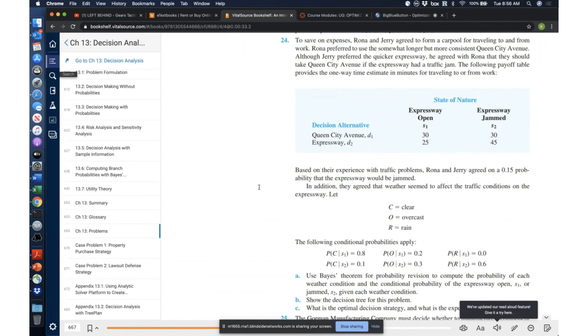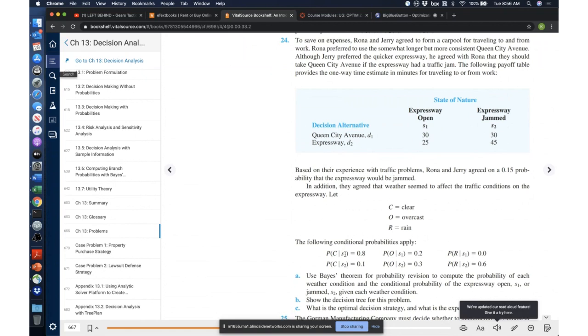In addition, they agreed that weather seemed to affect the traffic conditions. So it can be either clear, overcast, or raining. If the traffic is not jammed, 80% of the time it's clear and 20% of the time it's overcast.